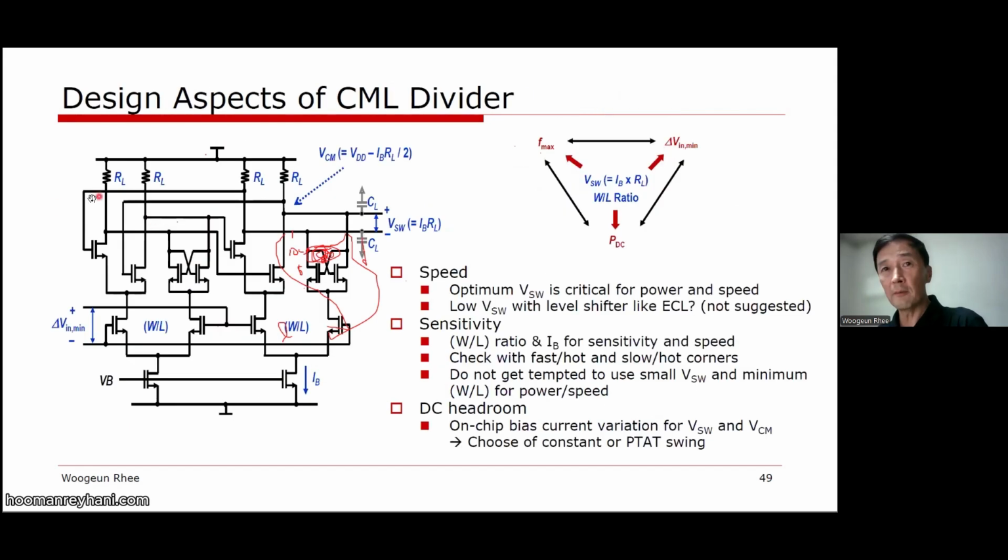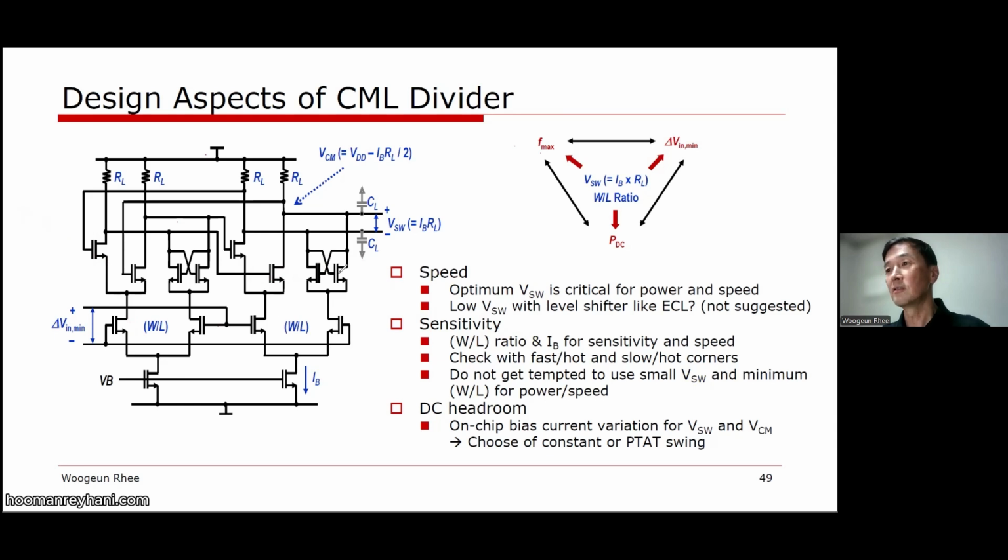On the design aspect of the CML divider, one of the big differences between a university paper and an industry product is that you can expect maybe 3 or 4 times higher power consumption than the paper, or sometimes more than 5 times. The reason is that university papers do not consider input sensitivity too much. Mostly they tend to use a small swing with a small W ratio, and that means it doesn't have complete switching.